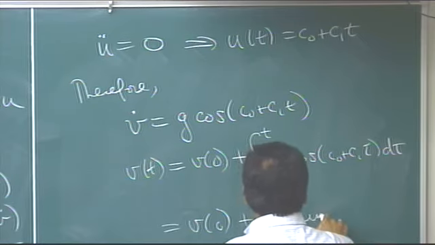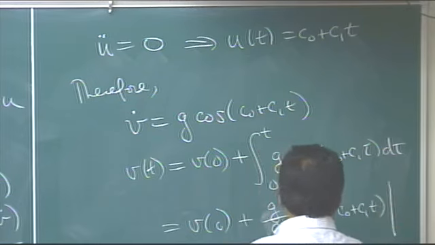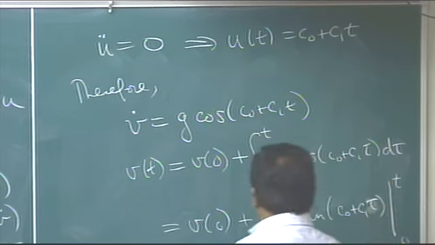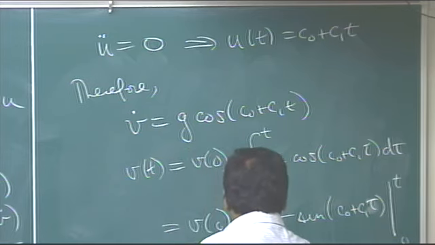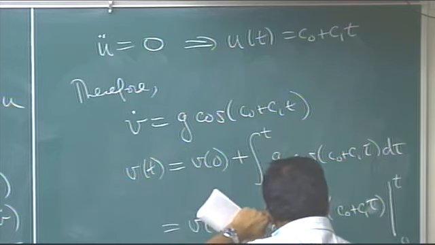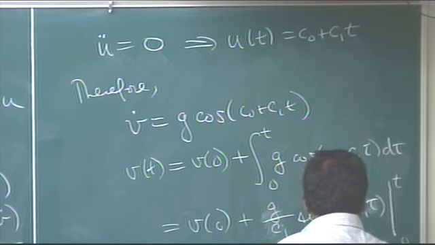It's going to be sine of c0 plus c1 t evaluated from 0 to t. This is a tau, actually. So this gives me v at 0 plus g over c1 times the sine of c0 plus c1 t minus the sine of c0.